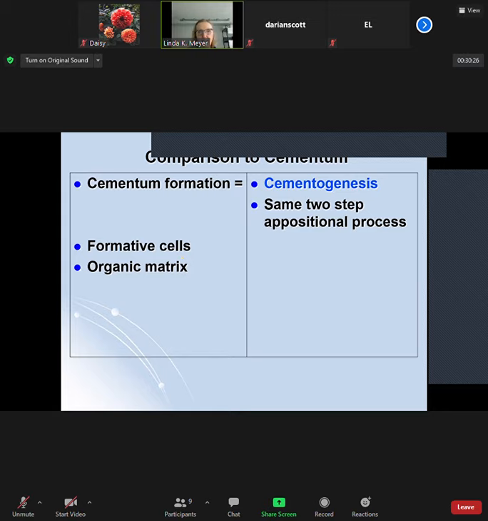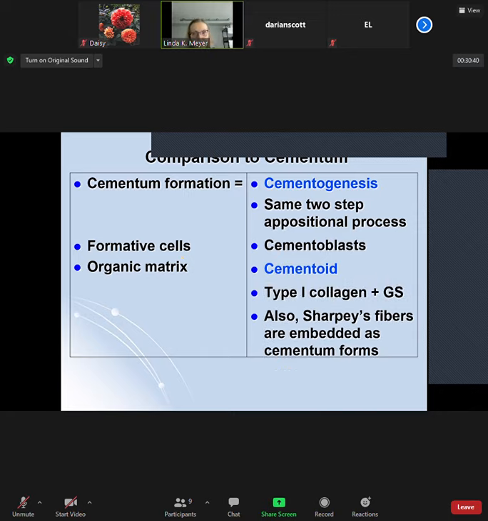But instead of osteoblasts forming osteoid, we have cementoblasts first form cementoid, and then they add the mineral crystals. And the mineral component is the same, the hydroxyapatite crystals.